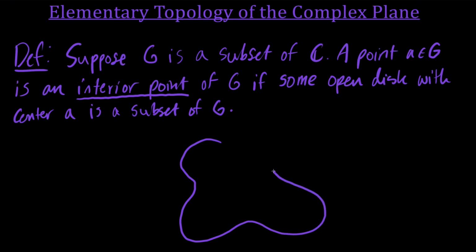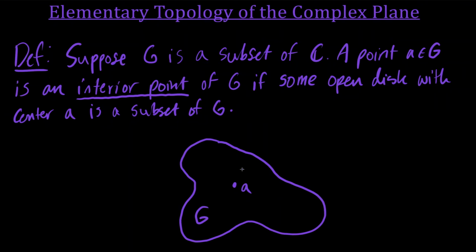So let's say we have some subset of the complex plane, we'll call it G, and we have some point A in G. So is this point A an interior point of G? Well, if we can draw any open disk centered at A such that that disk fits within G, then A is an interior point of G.